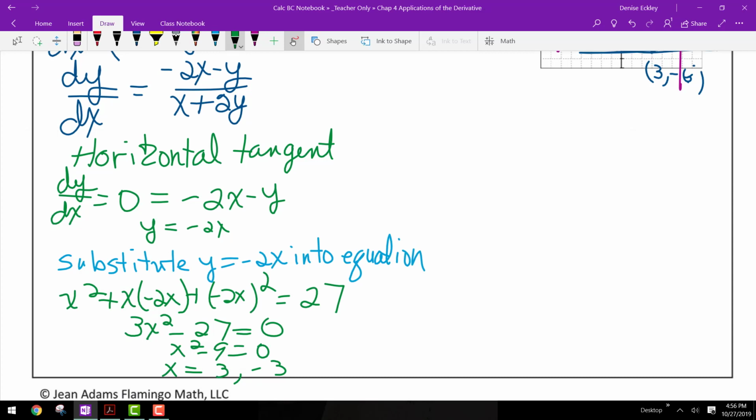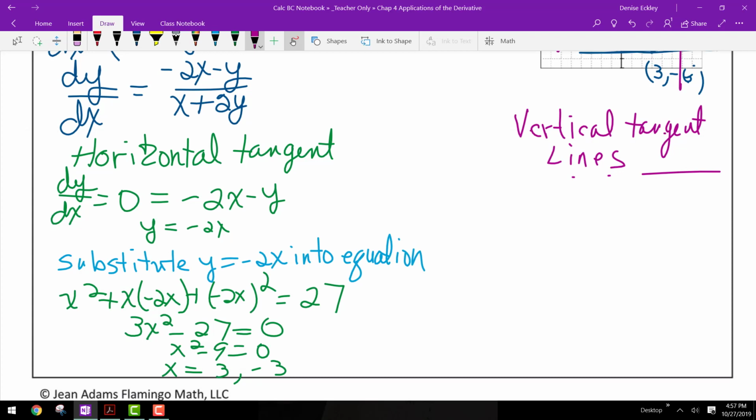And then for our vertical tangent lines, what we're going to do is set the denominator equal to 0, because if it's undefined, that means the denominator equals 0.